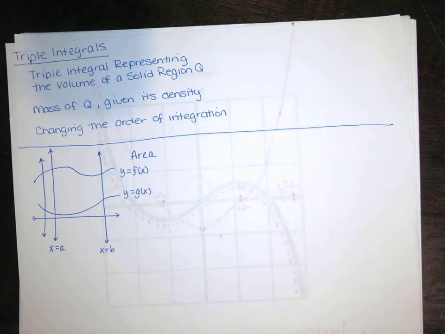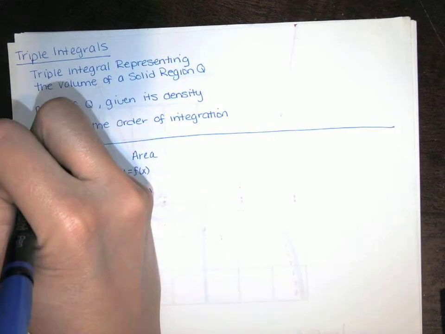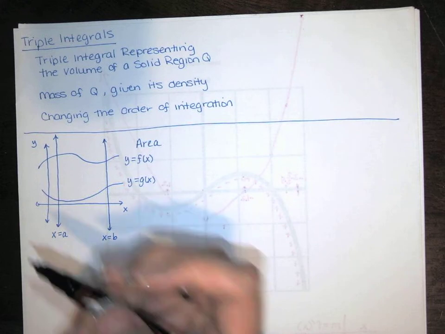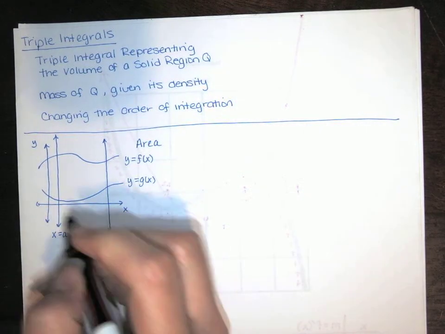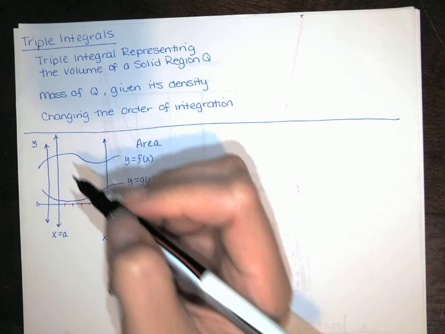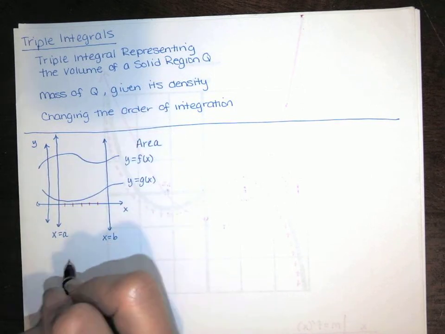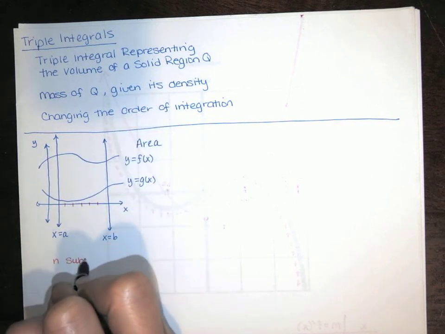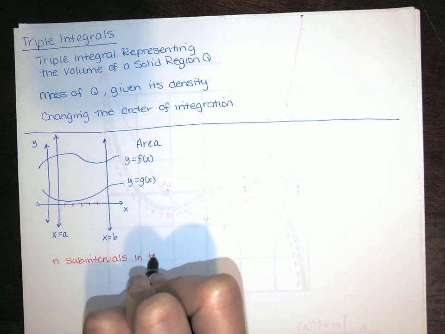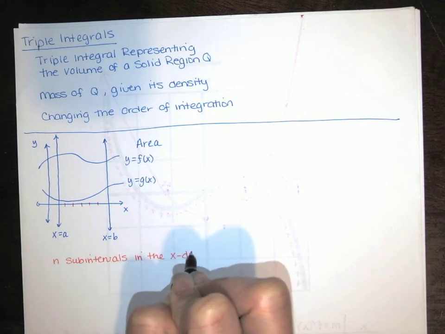But we could also find a double integral that represents the area between those two curves. We said, we'll just take that interval from a to b and subdivide it into n subintervals of equal width. So we've got n subintervals in the x direction.